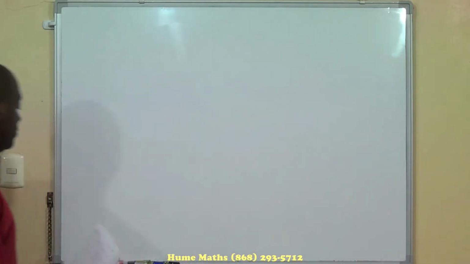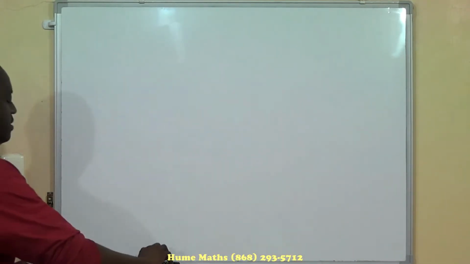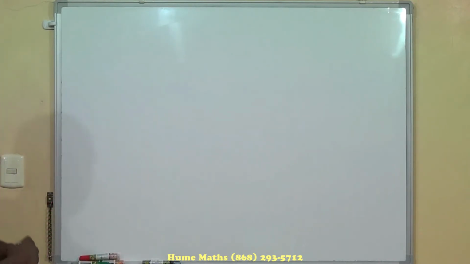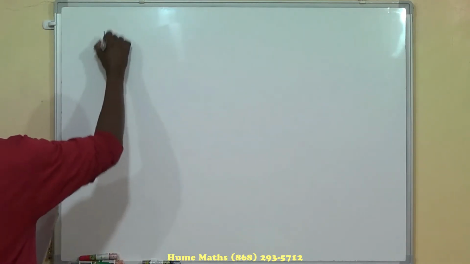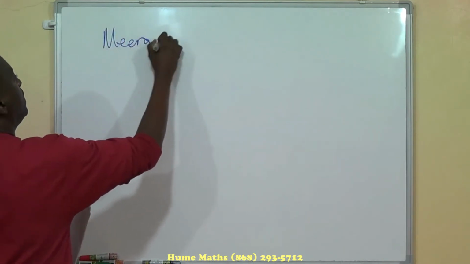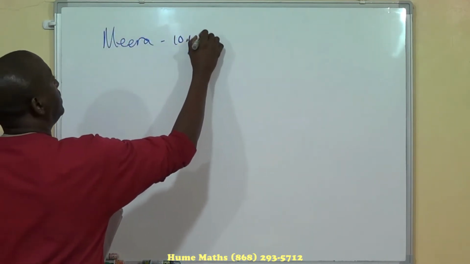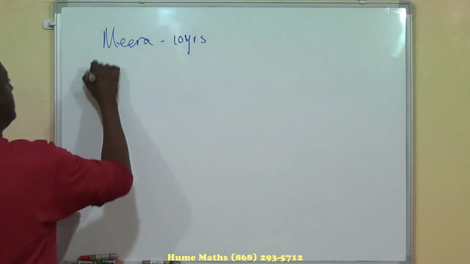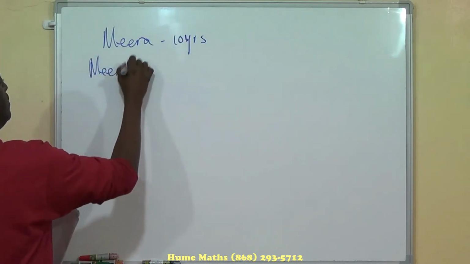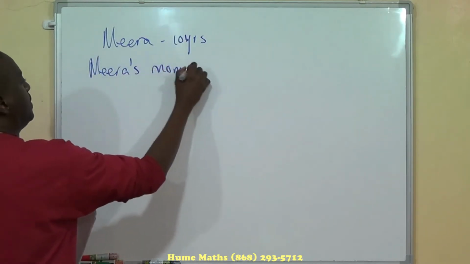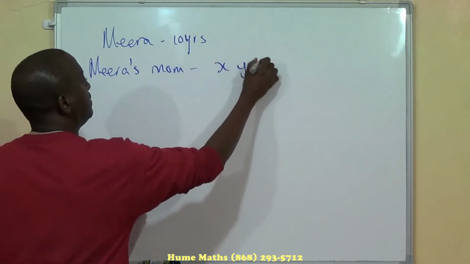So the first thing you do is let the age of Meera's mother be x. Well, we know that Meera's age is 10, so we can start off with that. Alright? So Meera is 10 years, and say Meera's mom is x years old.